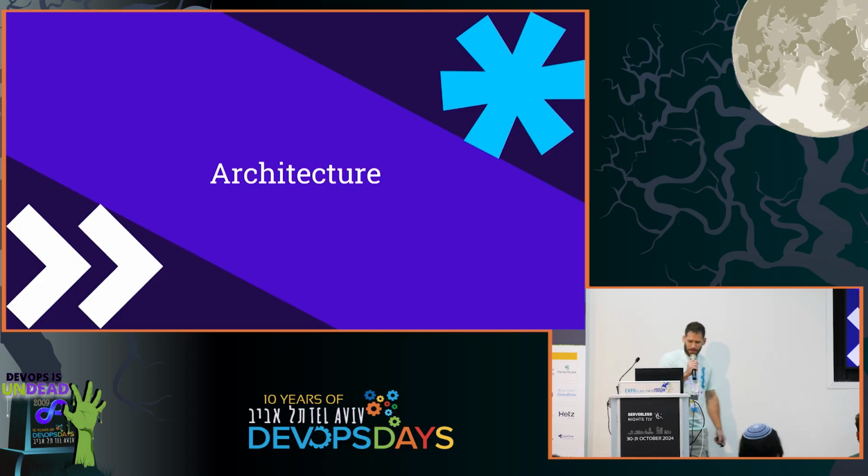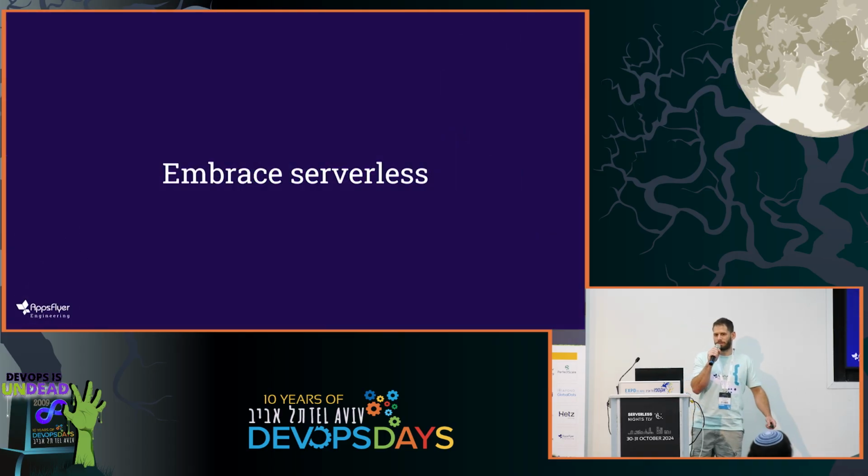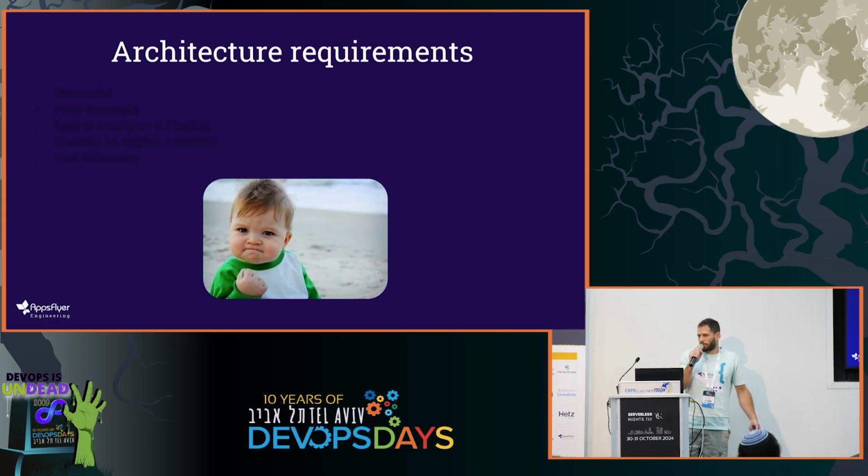So in order to achieve the goal and to overcome the challenge, we need a great architecture that's going to embrace serverless. So remember, we don't want to deal with all the infrastructure and everything related to servers and containers. We would like just to focus on the product itself. So what are the requirements for this kind of architecture?